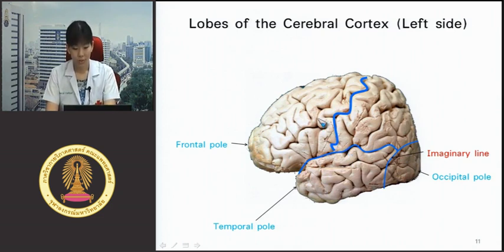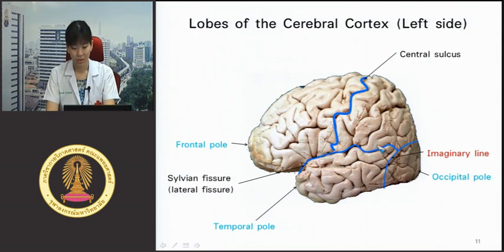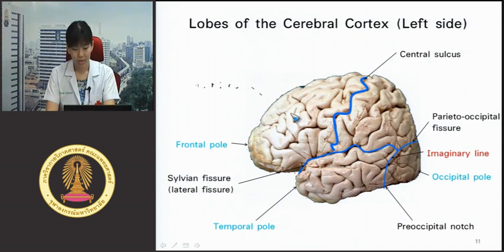Let's look at the lobes of the cerebral cortex. The cerebral cortex is divided mainly into 4 lobes by the central sulcus, the lateral or sylvian fissure, and an imaginary line drawn from the parieto-occipital fissure to the preoccipital notch. The frontal lobe lies anterior to the central sulcus and superior to the sylvian fissure.